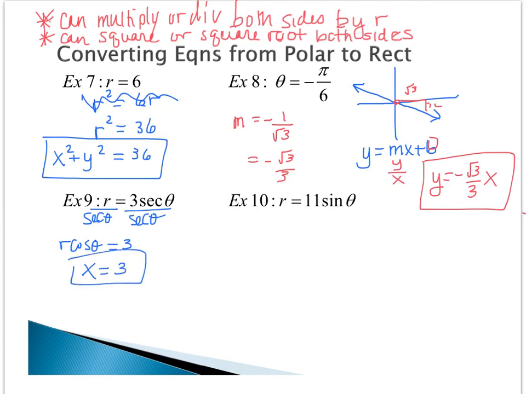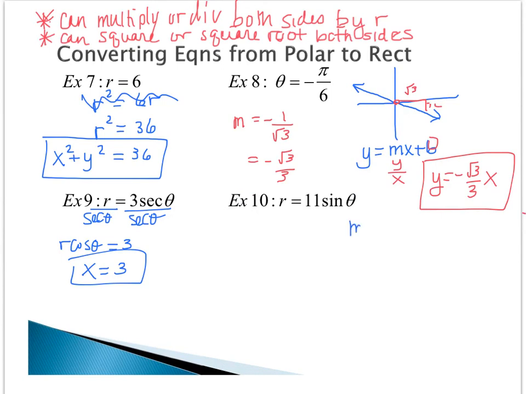In our last example, what we look at is the fact that we don't have an r squared or an r sine theta. And for all of our substitutions, we need that. In this case, multiplying both sides by r is more helpful. In example 7, we saw that we needed to square both sides. Here, if I square both sides, that won't do me any good because a sine squared theta is not useful to me.